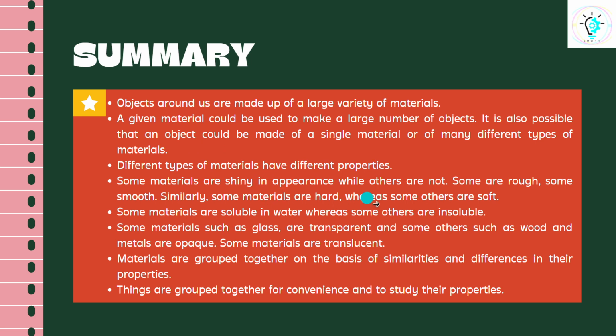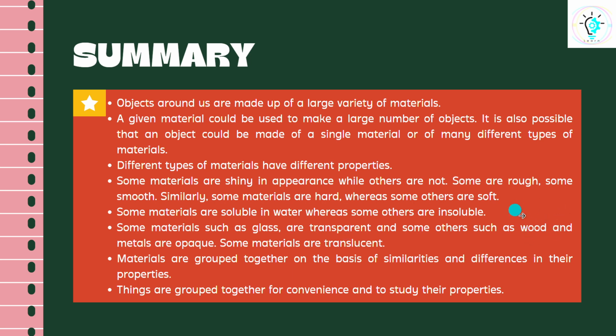Some are shiny, some are not, some are rough, some are very smooth. Other materials are hard and some are very soft. Another important quality that we studied is solubility, soluble in water or insoluble in water. Other important property of material is whether they are transparent or not, that is light passes through it, transparent, some amount of light passes through, translucent, or light does not pass through.